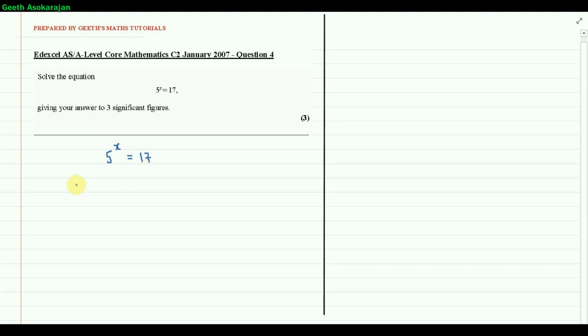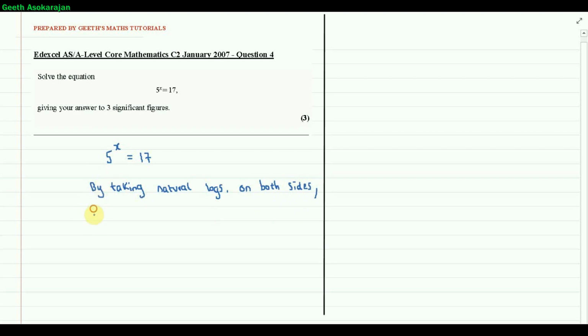So let me write down my steps. So by taking natural logarithms, so logs for short, on both sides. So what do we mean by this?